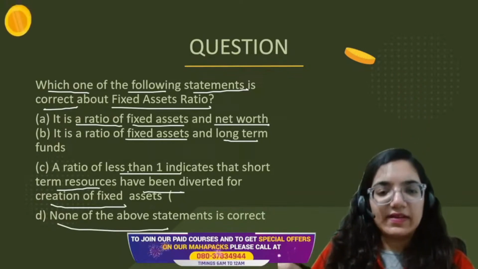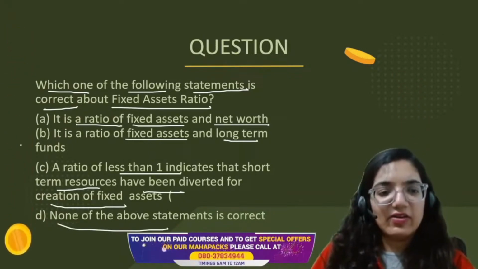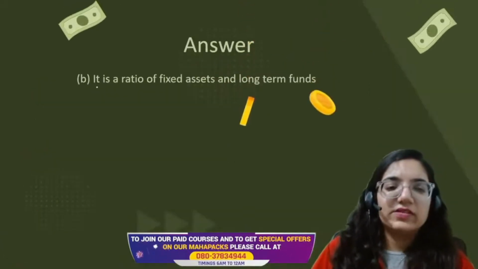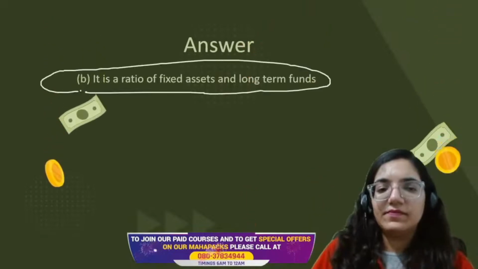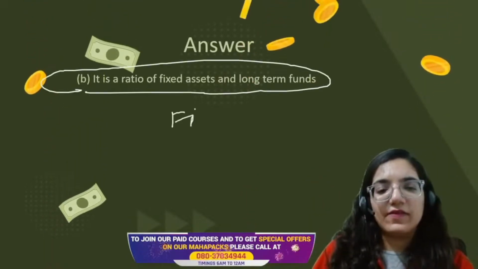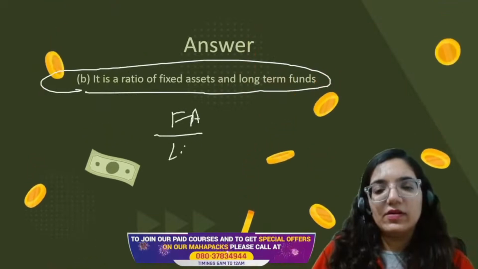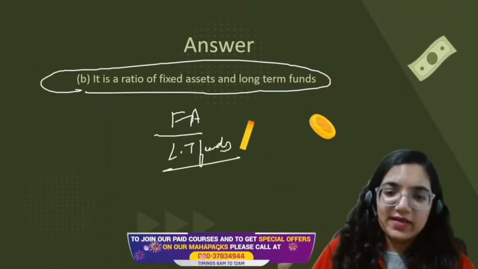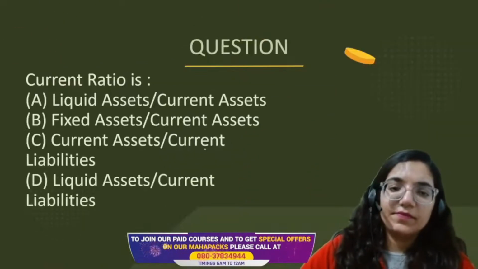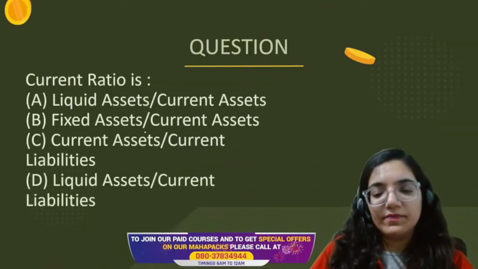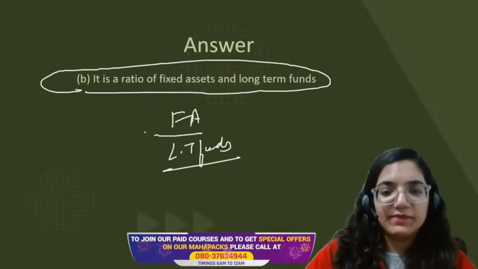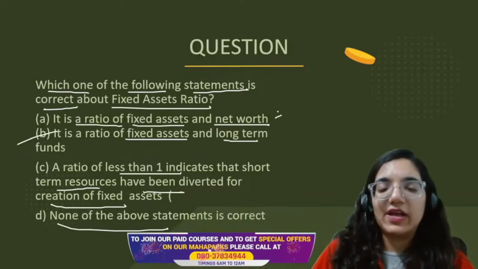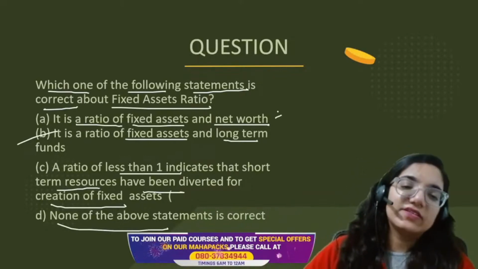There is only one thing correct, that is fixed assets divided by long-term funds. Fixed asset ratio. Okay? This is FA upon long-term funds, or I can say the total capital employed. This is only for long-term funds. Net worth is basically your equity share capital plus preference share capital plus reserves.